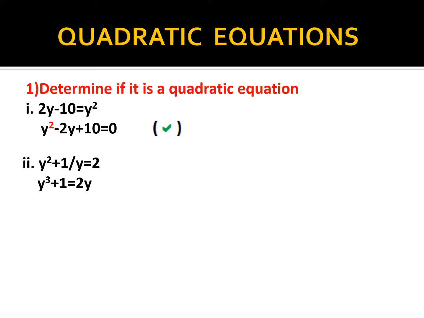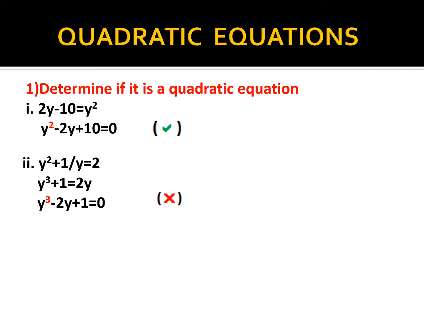Bringing all the terms to one side, we get y cubed, plus 2 becomes minus 2y, and plus 1 remains the same because we have not changed its side, is equal to 0. Here the degree is 3. Therefore, according to the definition of a quadratic equation, it is not a quadratic equation.